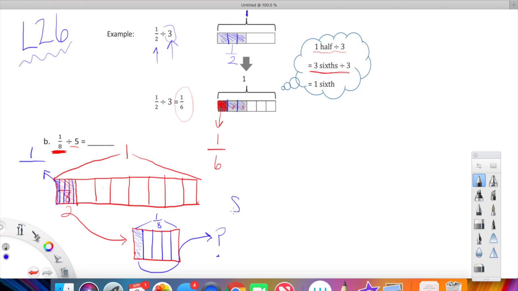So I have 8 slices. And then within my 1/8, I then cut it into 5 equal pieces. So what we have here is 8 slices times 5 because we were dividing our eighths by 5. So really what we need to think about is 8 times 5, which is 40. If I were to go through and slice all of these eighths into fifths, then what we would end up with is 40 total slices. Pretty cool stuff, huh?